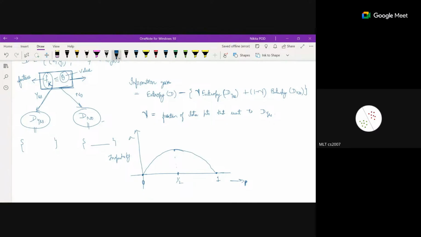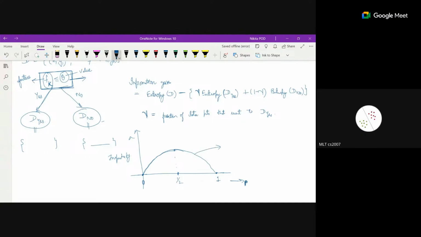So in that case, you have the impurity to be highest. Half is not the entropy; half is p. What is entropy exactly?